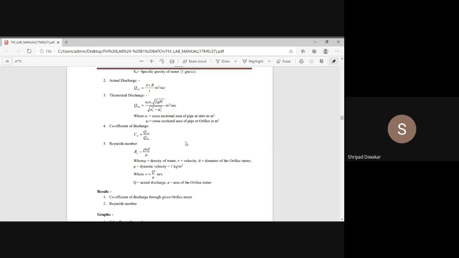So this is the fourth one, coefficient of discharge. Then finally, we have the Reynolds number, which, as I said, is the ratio rho Vd by mu. Rho is the density of water, 1000 kg per meter cube.